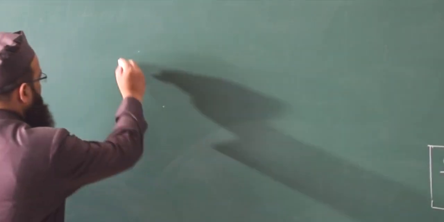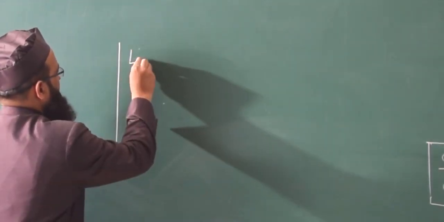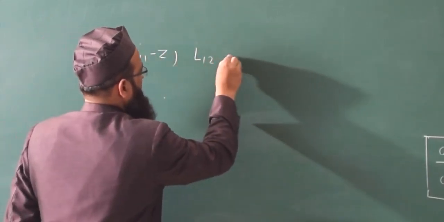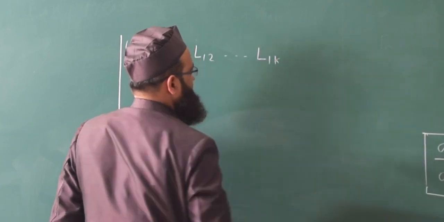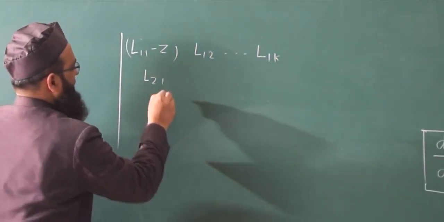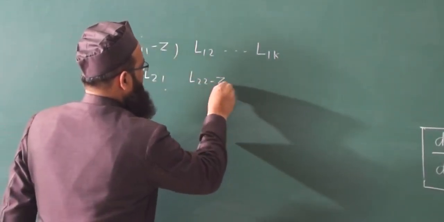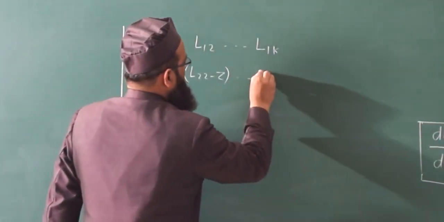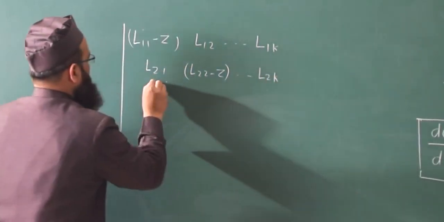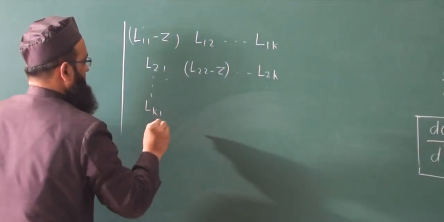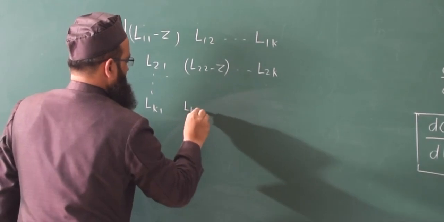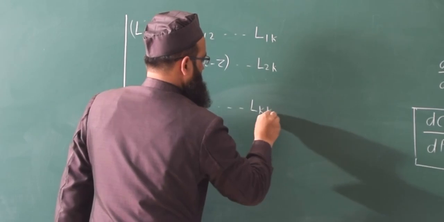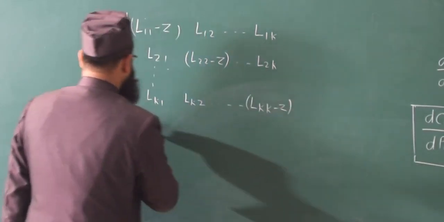So that determinantal polynomial will be, say, L11 minus z, L12, L1k, L21, L22 minus z. Diagonal elements will have minus z in addition, and so on. L2k, Lk1, Lk2, Lkk minus z, diagonal elements.